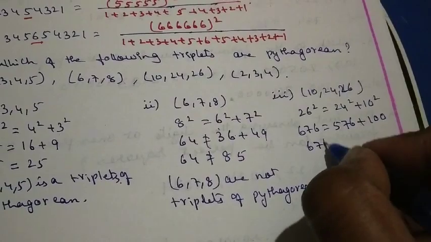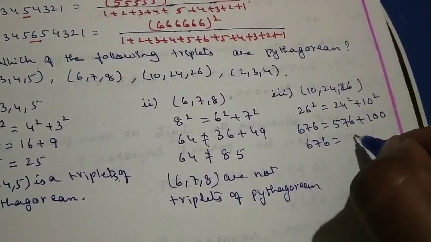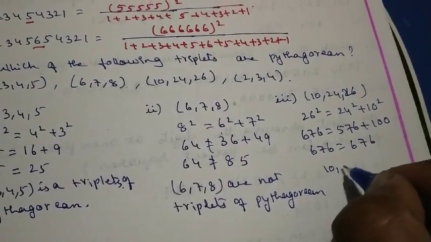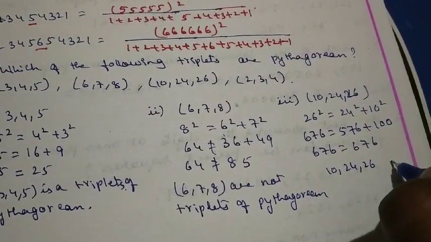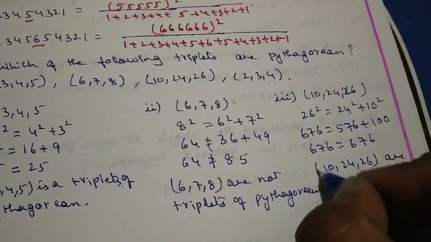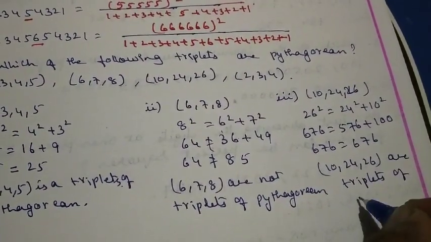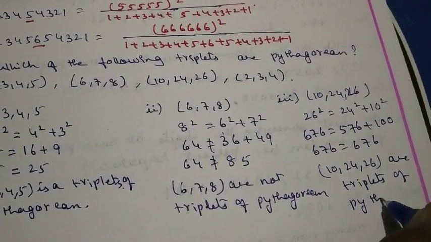So 676 equals 100 plus 576, which is 676. It satisfies. Therefore 10, 24, 26 are triplets of Pythagorean.